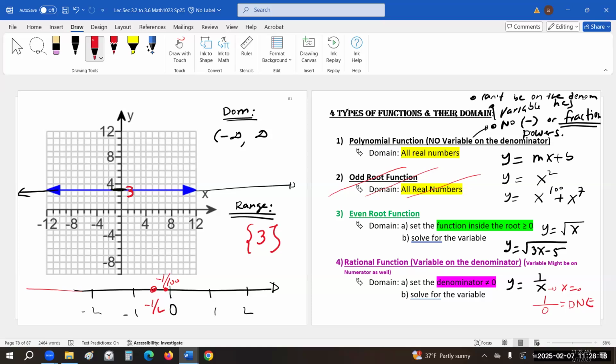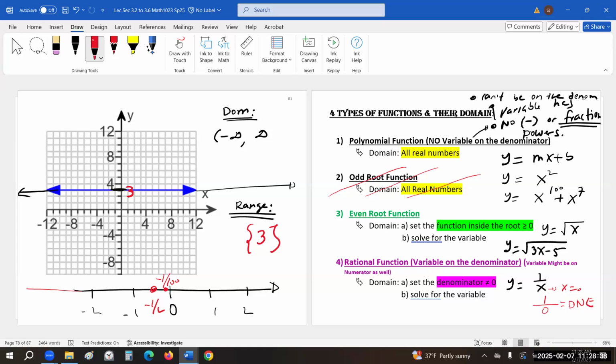So how do you solve this? In order to guarantee that we have a valid number to substitute, we say whatever we have on the denominator, that function cannot be 0. That function can be positive or negative, but definitely cannot be 0.